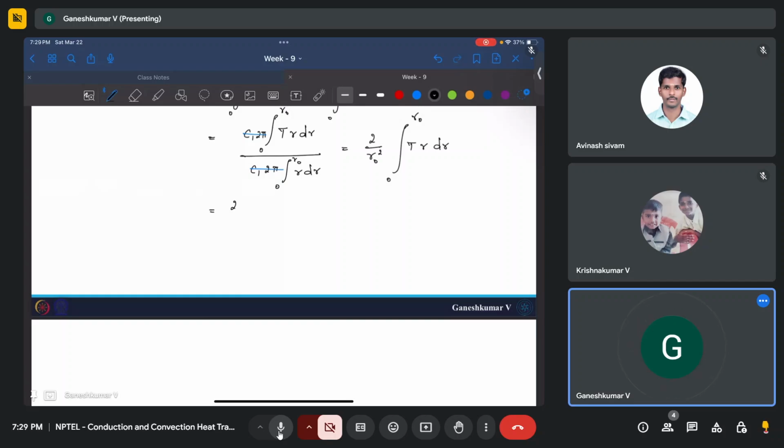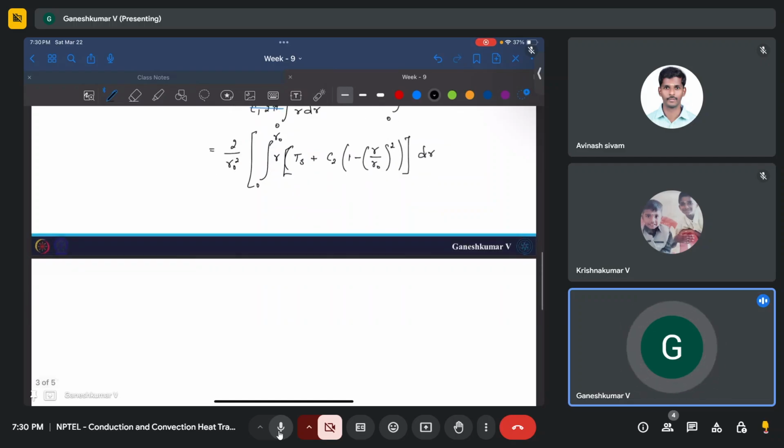Equal to 2 by R naught square, integral of 0 to R naught, R into Ts plus C2 into 1 minus R by R naught square, into dr. Okay, so now it's just a simple integration.